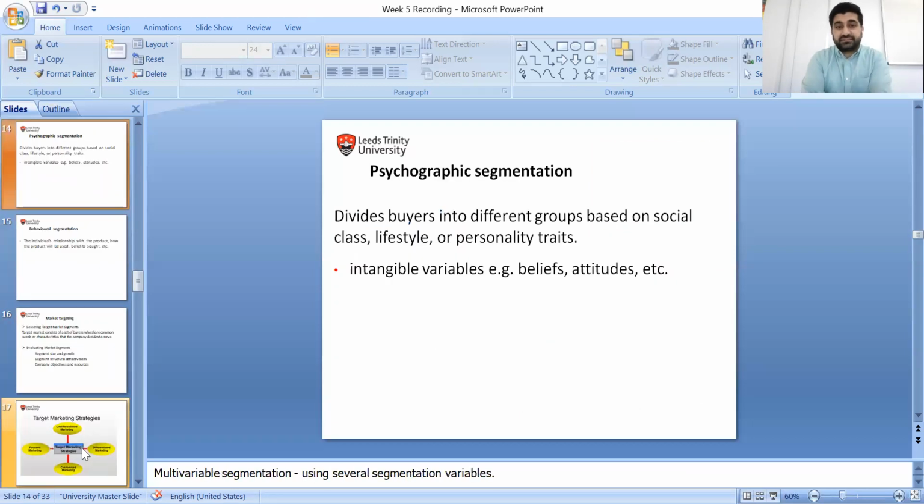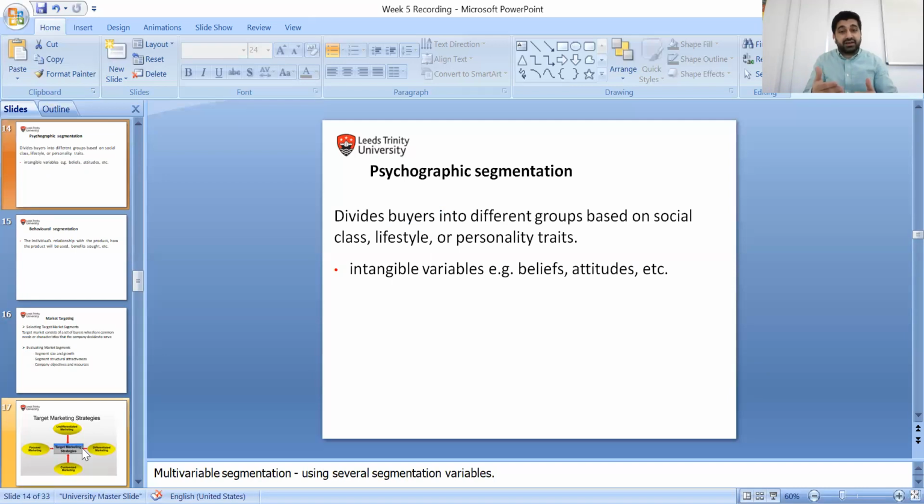Psychographic segmentation basically divides buyers into different groups based on social class, lifestyle, or personality traits, etc. So in psychographic segmentation, we identify the behaviors, lifestyles, and personalities of people.